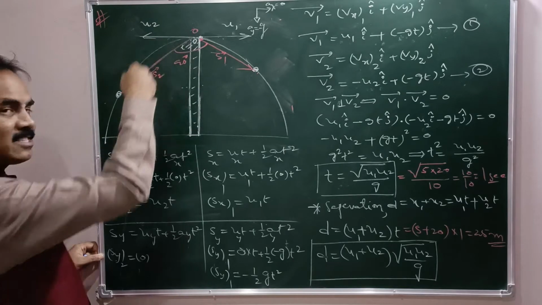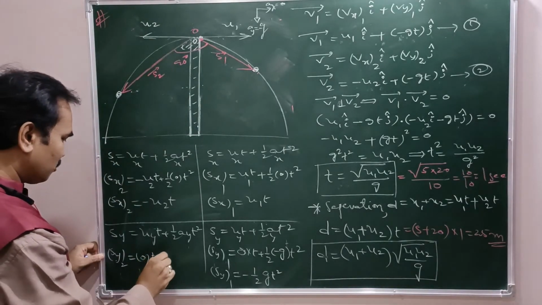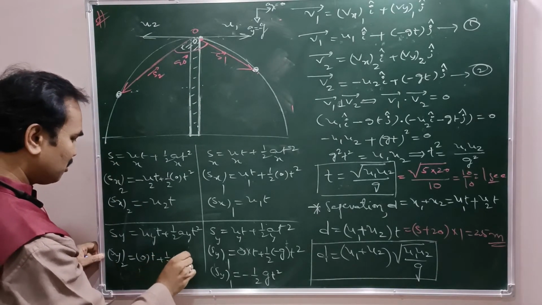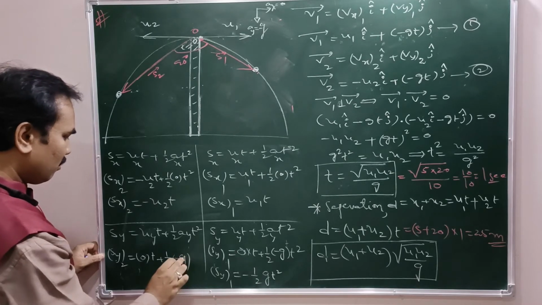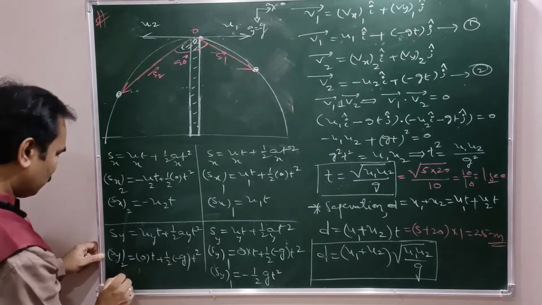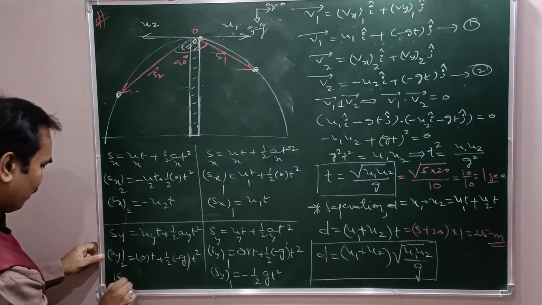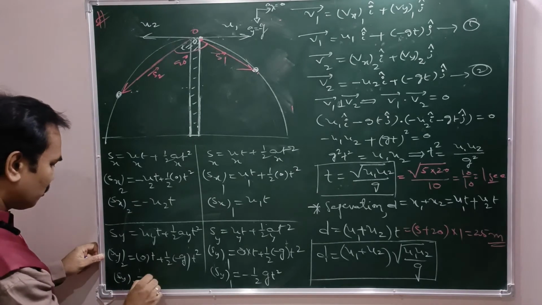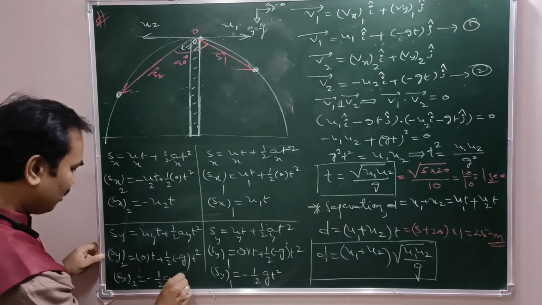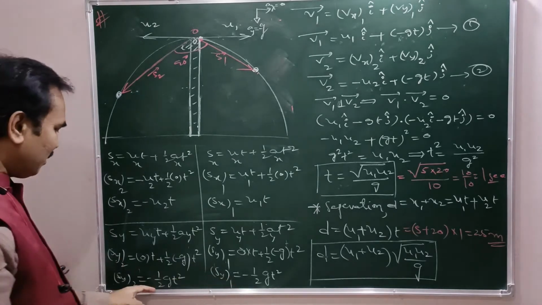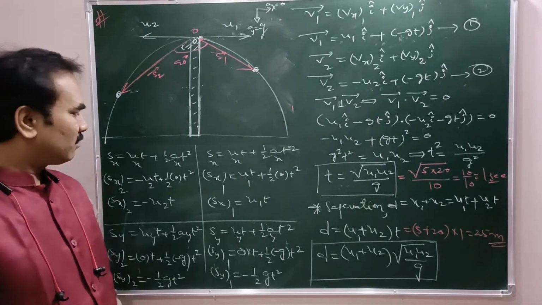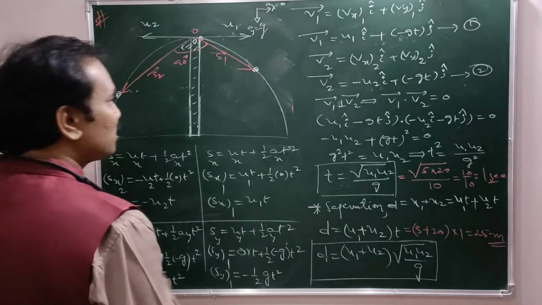Initial velocity along y-axis is 0, into t plus half into ay, which is minus g, into t square. So Sy2 equal to minus half g t square. So both are having the same vertical displacements.